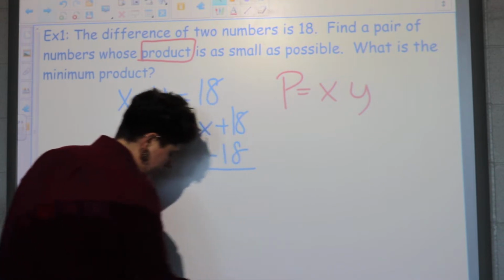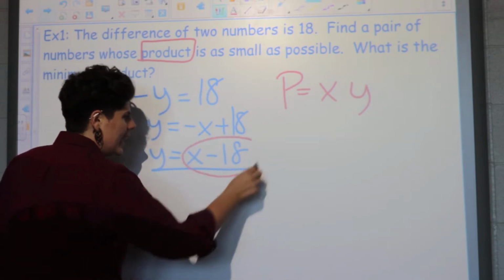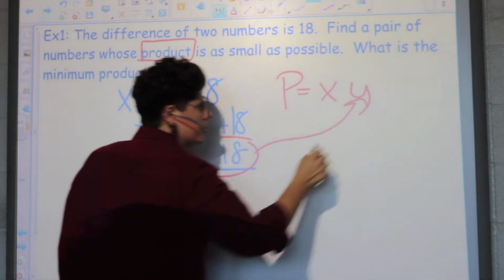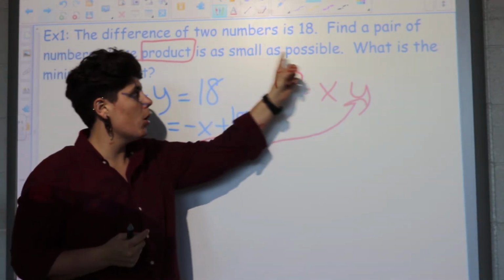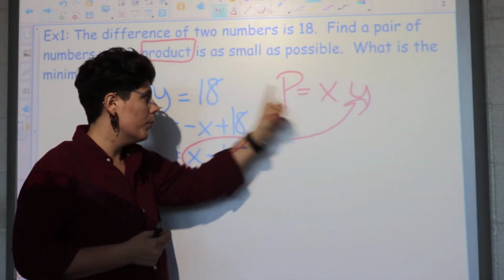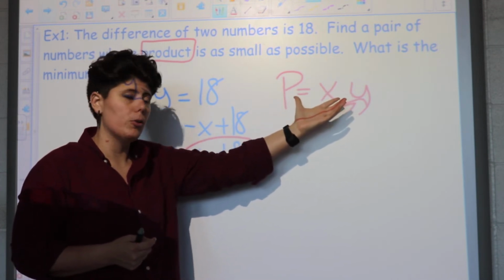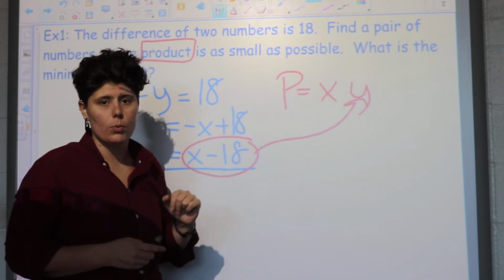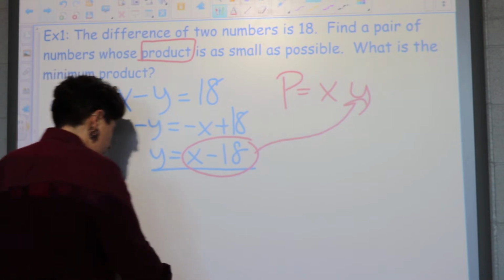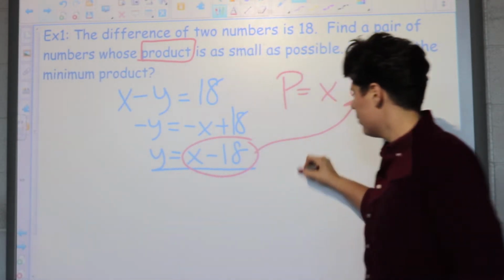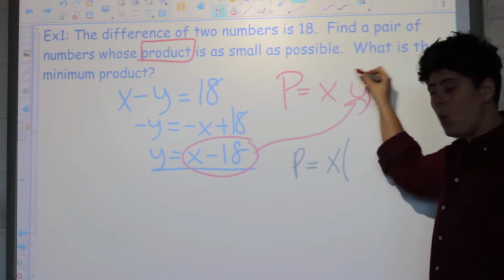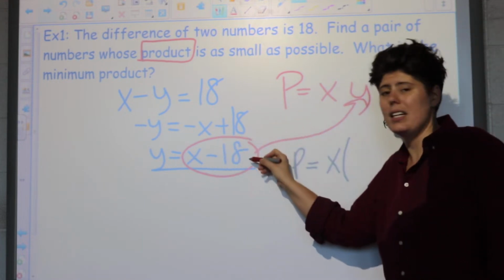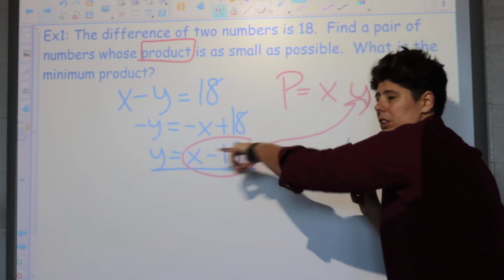Now that I know what y equals, I can substitute into my product formula, because my goal is to find the smallest product possible. So I need to get it all in terms of one variable. Coming down here then, I have the product equals x times, instead of writing a y, I'm going to write x minus 18, because I know that y equals x minus 18.